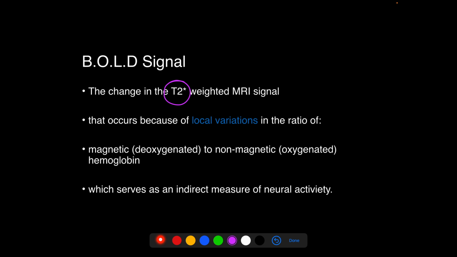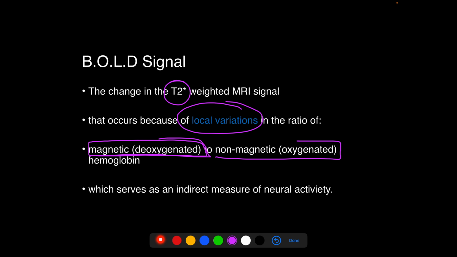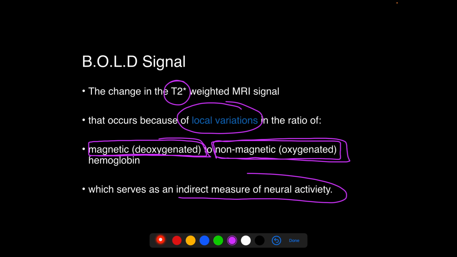The T2 star, as compared to the T2 MRI signal, is a change that occurs because of local variations in the ratio of the magnetic, so deoxygenated hemoglobin, to non-magnetic or oxygenated hemoglobin. And this ratio, or the difference between them, serves as an indirect measure of neural activity. And that is the BOLD signal.